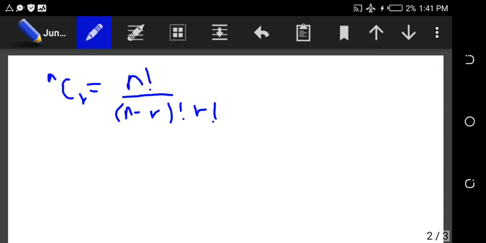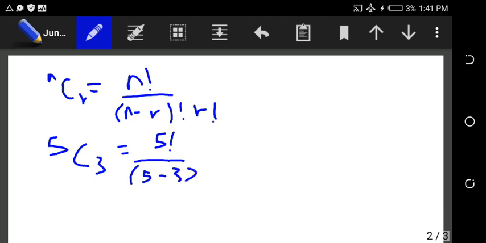So a very quick example: if we want to evaluate 5 combination 3, following this formula, our n in this case is 5, so we have 5 factorial all over, in bracket, 5 minus 3 factorial, then of course we still have r, which is 3 factorial.